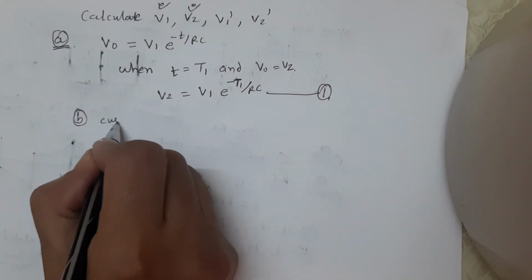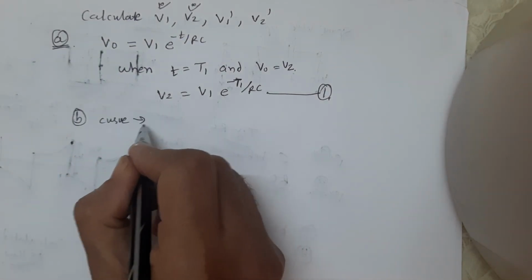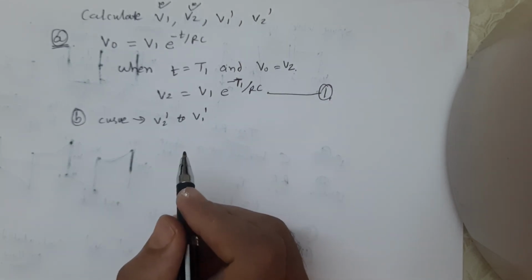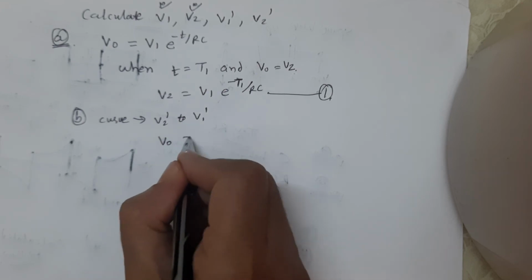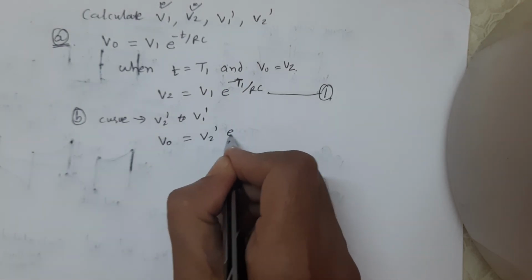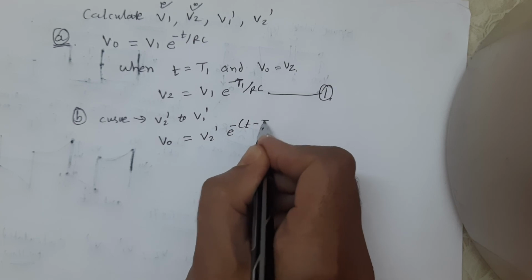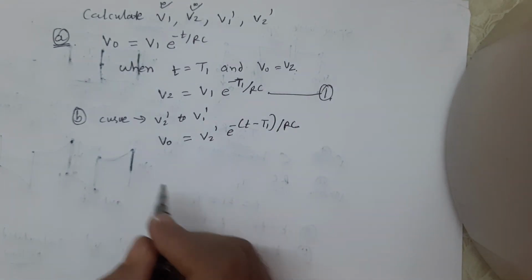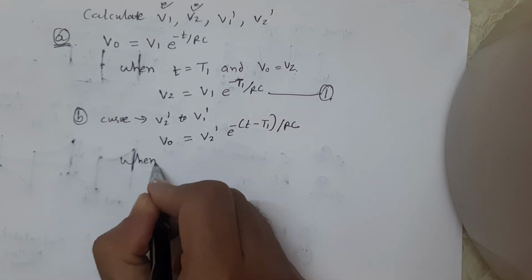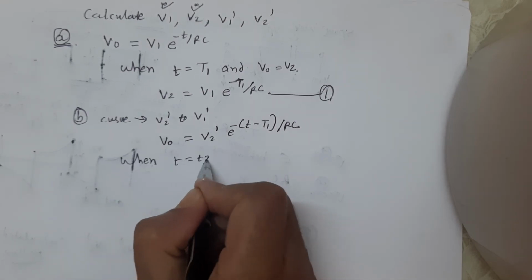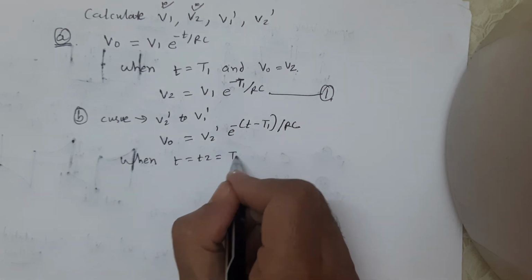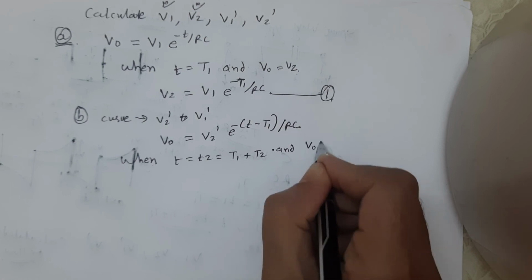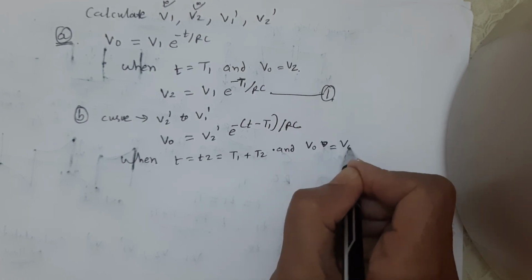Now the curve V2 dash to V1 dash is given as V0 equal to V2 dash e raised to minus (t minus T1) upon RC, when t is equal to T1 plus T2 and V0 is equal to V0 dash.